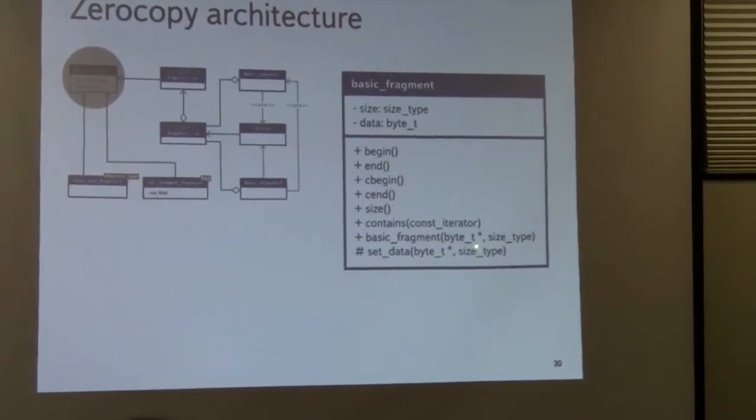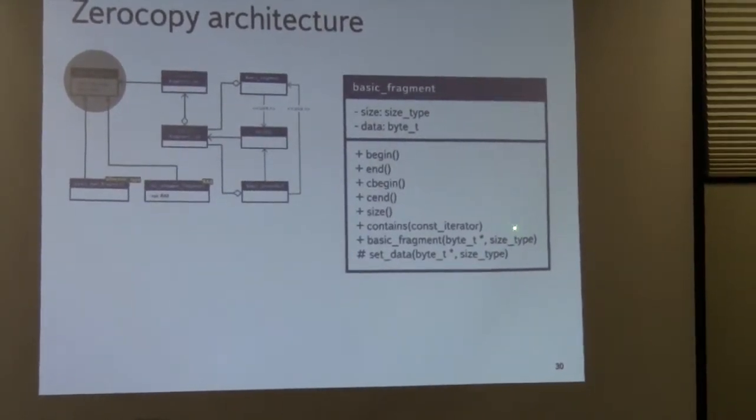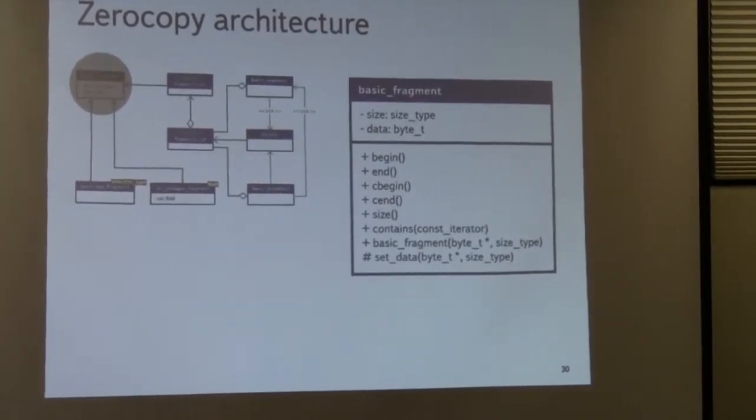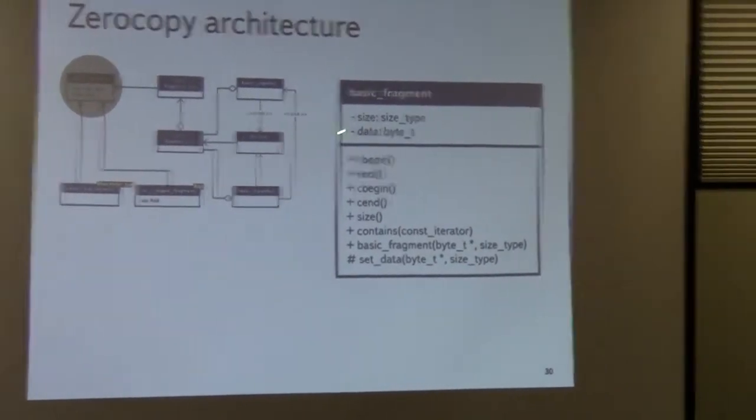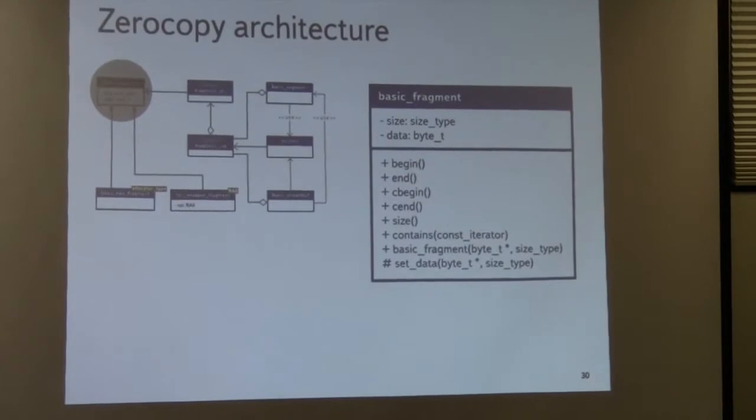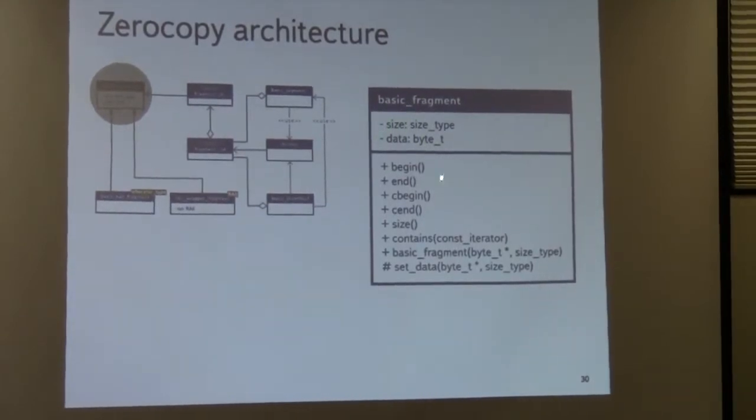This class contains data, which is a pointer to the continuous memory chunk, and it contains the size of this chunk. It provides the interface to access data, so begin and end. It provides an interface for size.